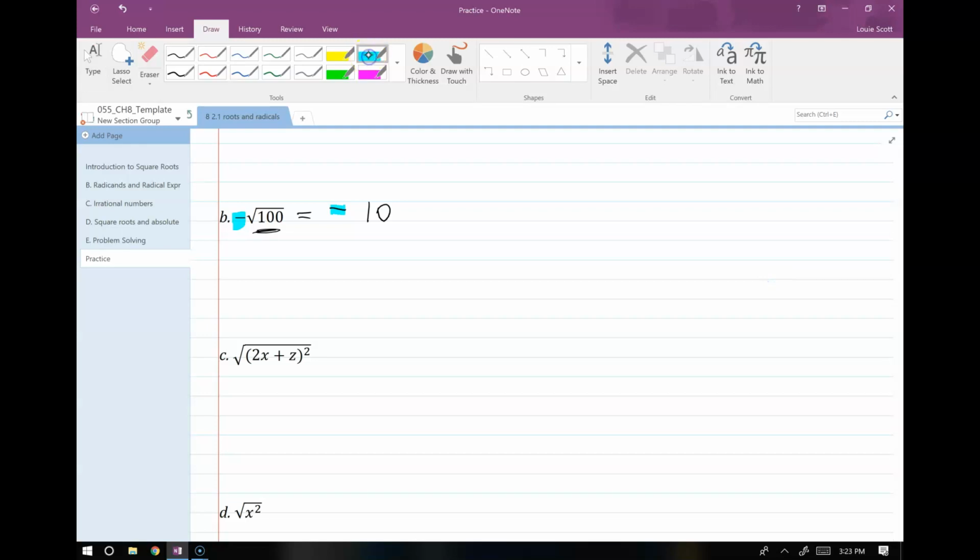When we have the square root of something squared, it's just that thing that pops out. Since I've already said we're not going to really worry about the absolute values, we're assuming these variables are positive, so I don't need to put the absolute value signs.